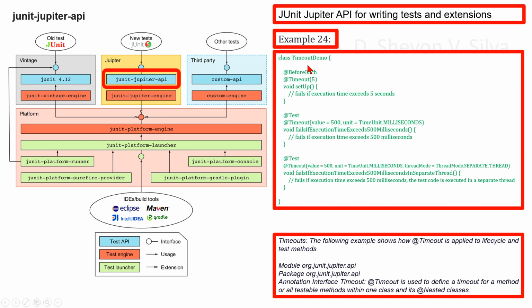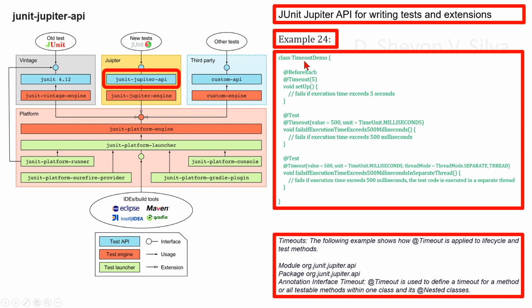It will then be applied to all test, test factory, and test template methods within that class and its nested classes, unless overridden by a @Timeout annotation on a specific method or nested class. Please note that @Timeout annotations declared at the class level are not applied to lifecycle methods.